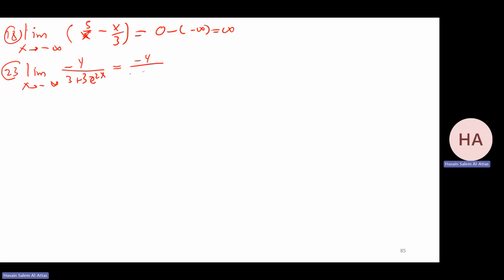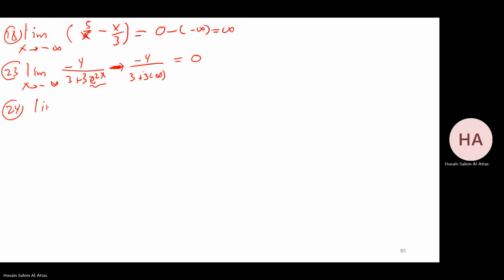Minus 4 over 3 plus 3 to the infinity. This will be infinity. So this is minus 4 over infinity, which is 0. This is 3 times infinity. You can do this. 24.